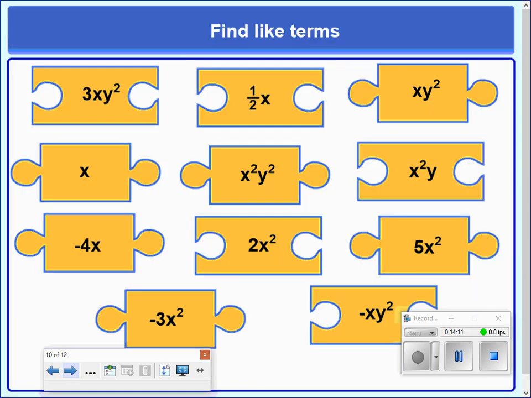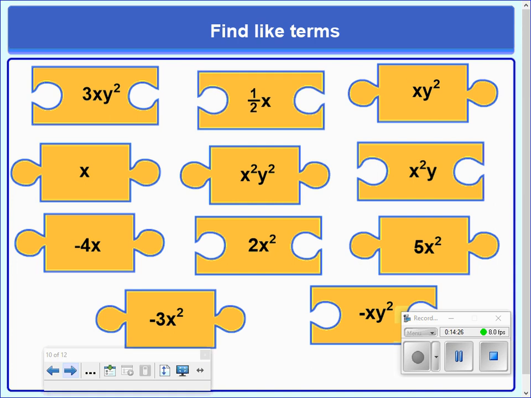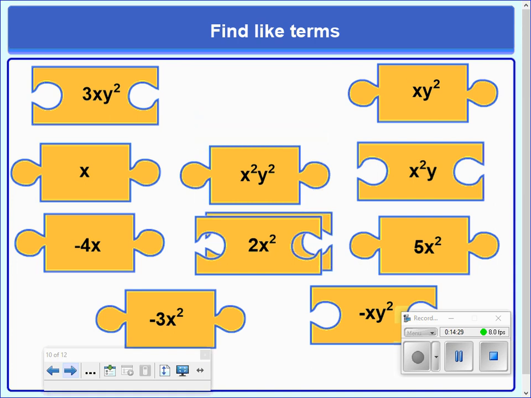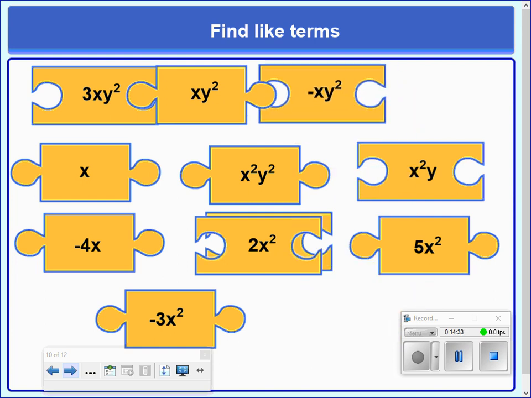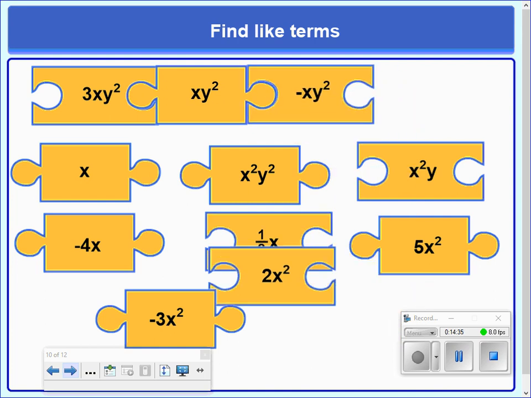Okay. Remember that like terms, just as a reminder, are terms that have the same variable to the same power. So if we're looking at 3xy squared, any term that has an xy squared, so this top one, this bottom one right here, those would be considered like terms.